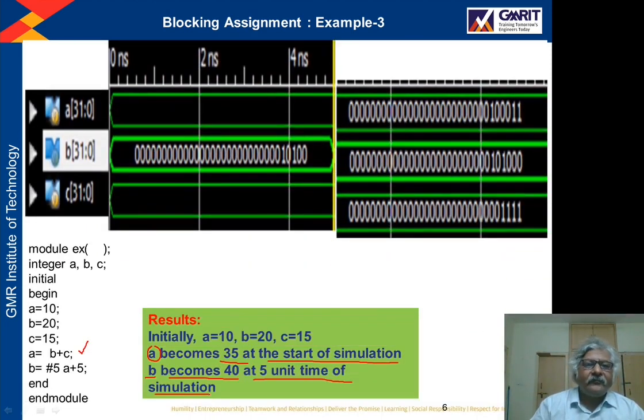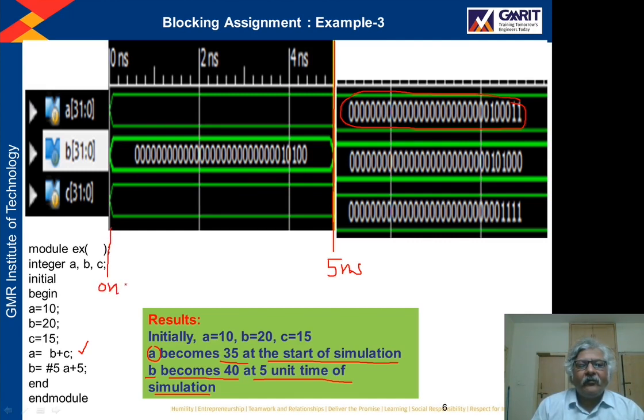We see this result. See here A. This is the value of A, which is 35. Now see the value of B. This line shows 5 nanosecond, and here this is 0 nanosecond.